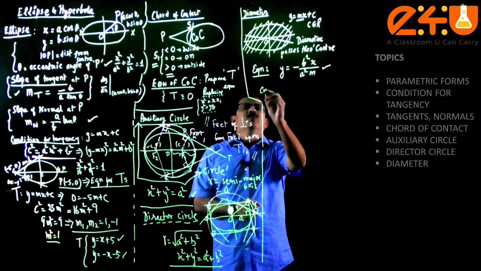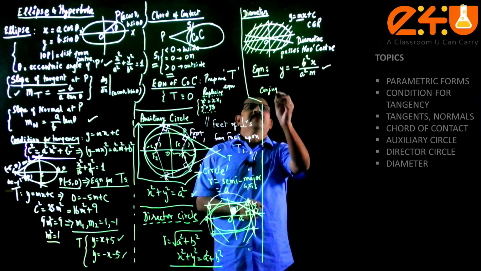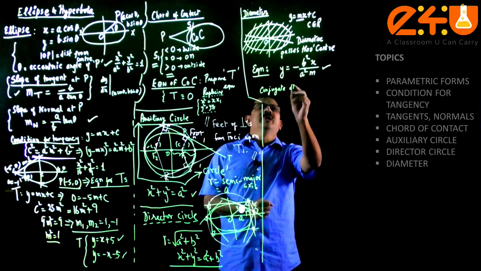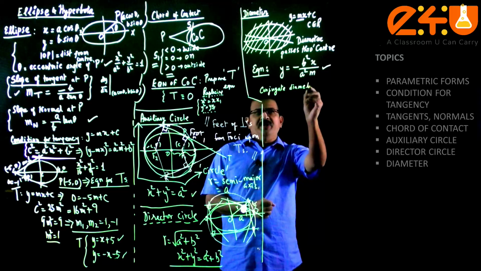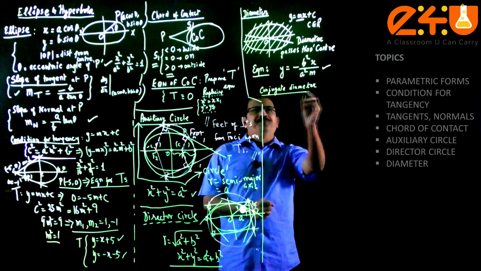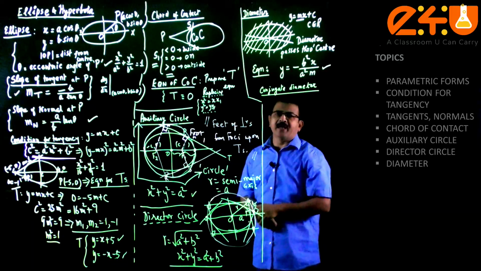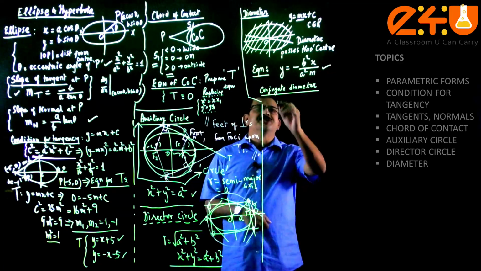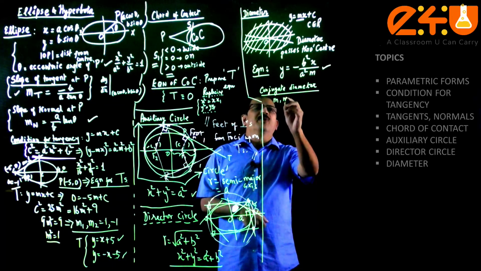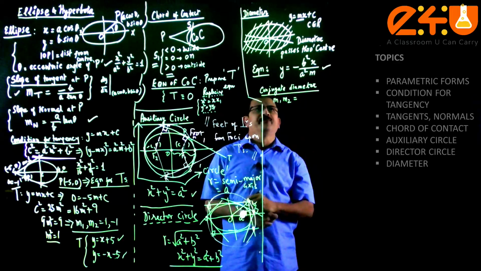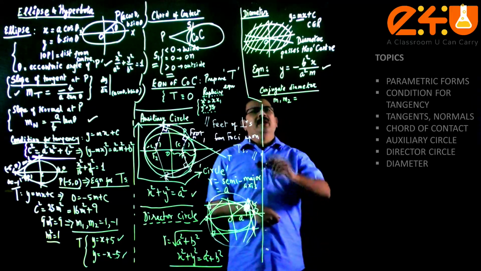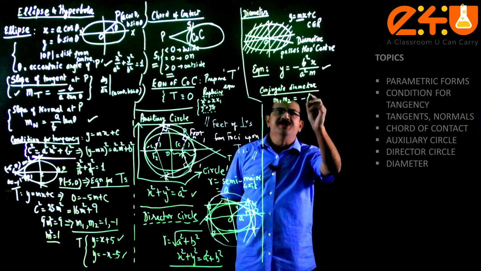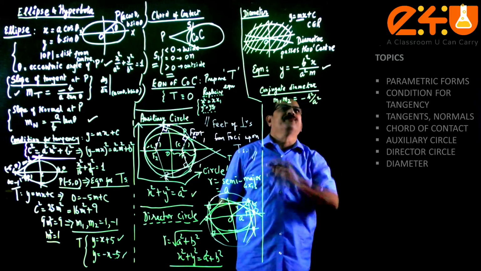Then a small addition to it: whenever there is a diameter, there is always a conjugate diameter. A pair of conjugate diameters will have the product of their slopes, m1 m2, equal to negative b square by a square.